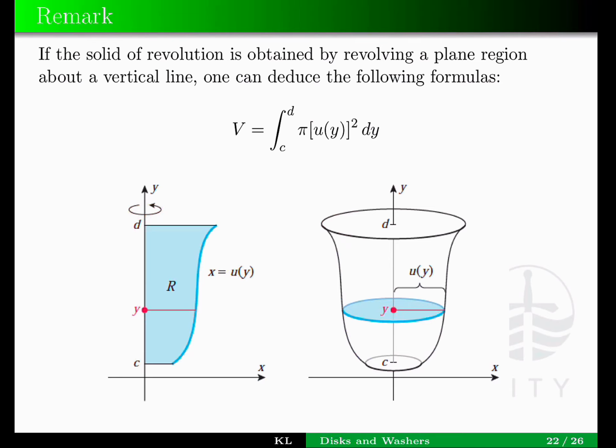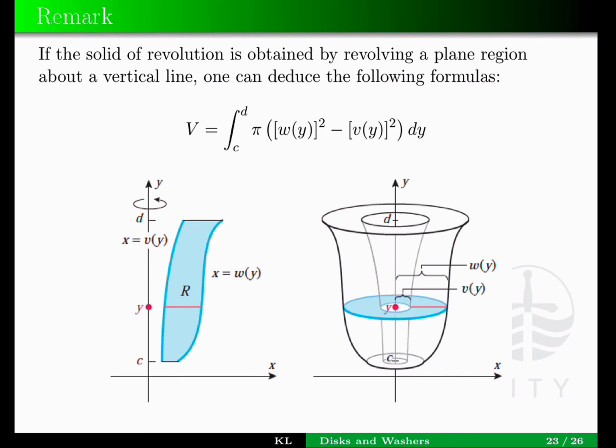Once you know the orientation of your strip, you will know which variable to use. Horizontal strips, variable y. Vertical strips, variable x. So the corresponding method of this one is the method of washers.